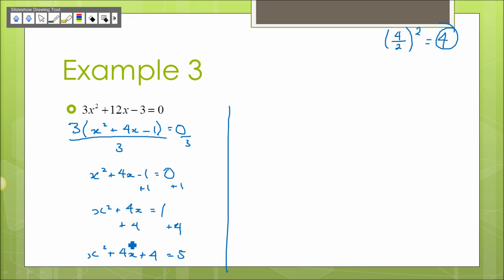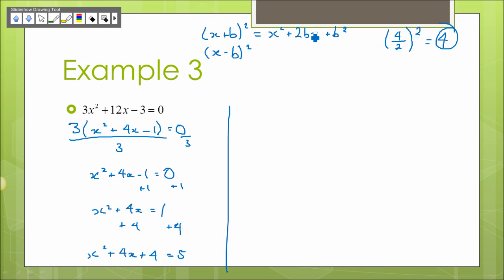Now I need to factorize the left-hand side. Now which expansion is it? Is it going to be the x plus b squared, or is it going to be the x minus b squared? Well, if you remember, it's going to be the x plus b squared, which is x squared plus 2bx plus b squared.